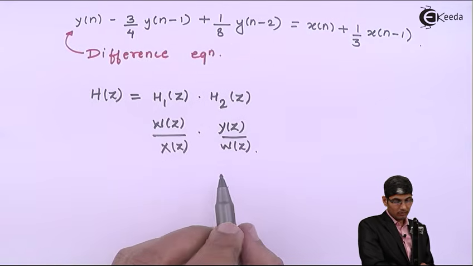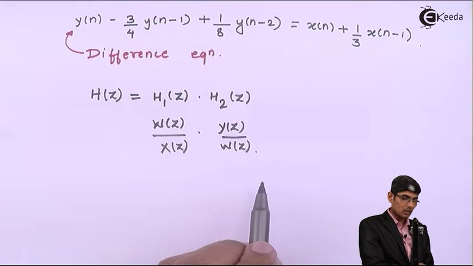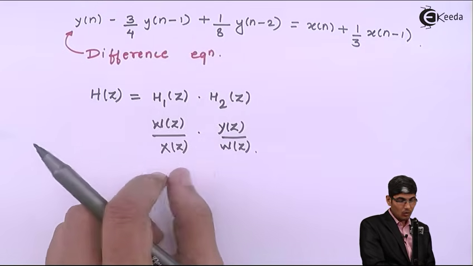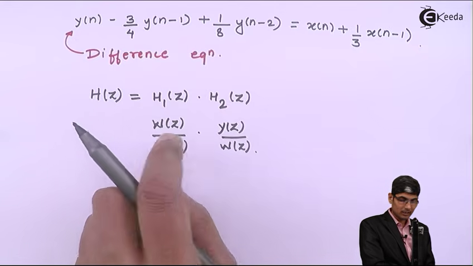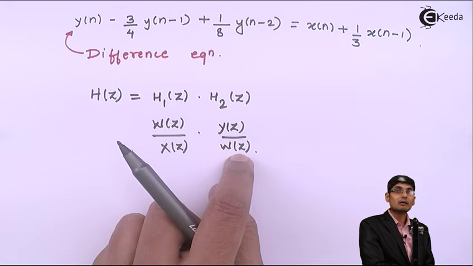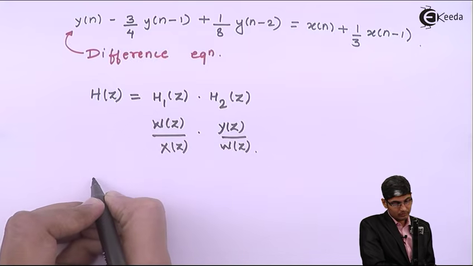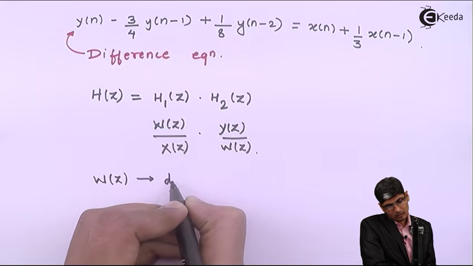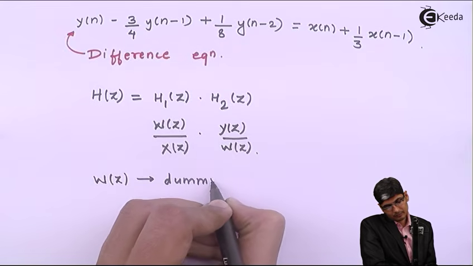So I will have a system which comprises two subsystems. One will have the x components and the other will have the y components, and W of z is a dummy variable or a dummy node.